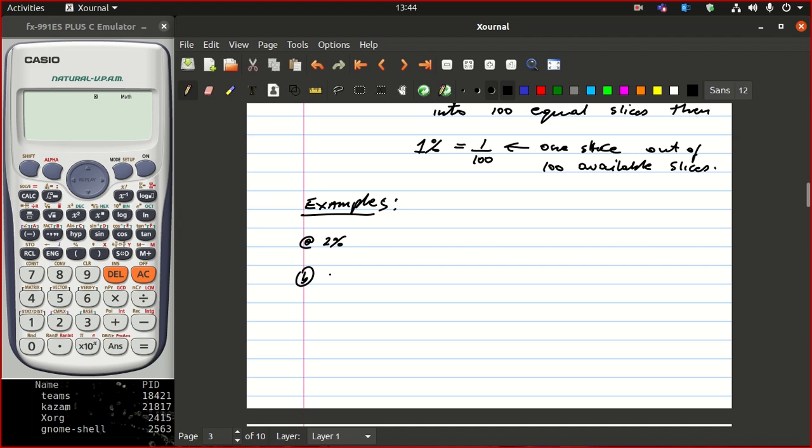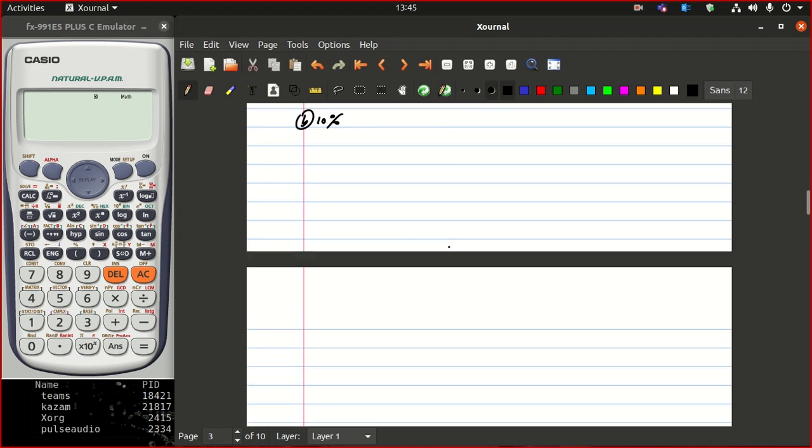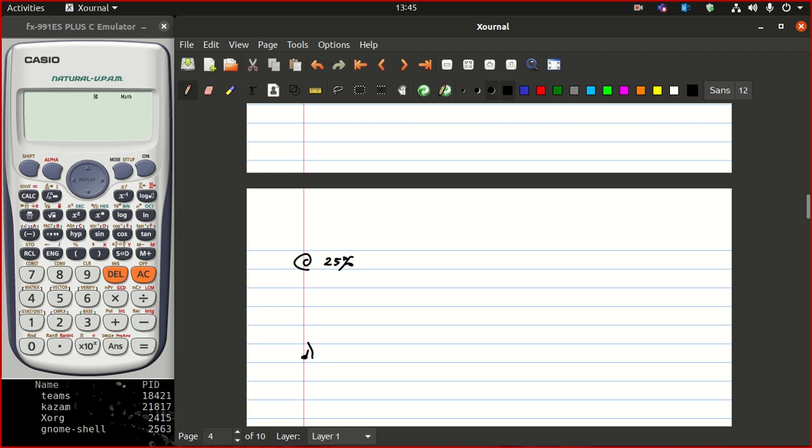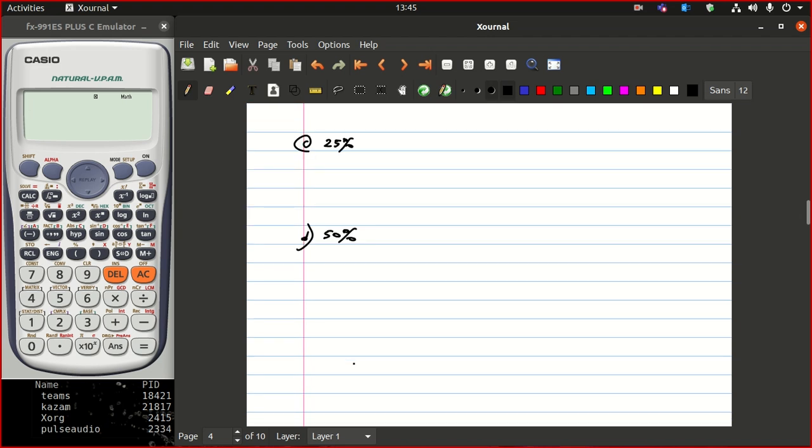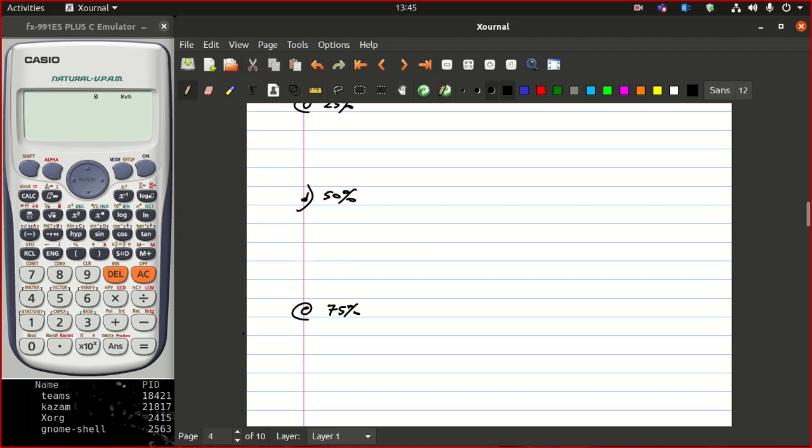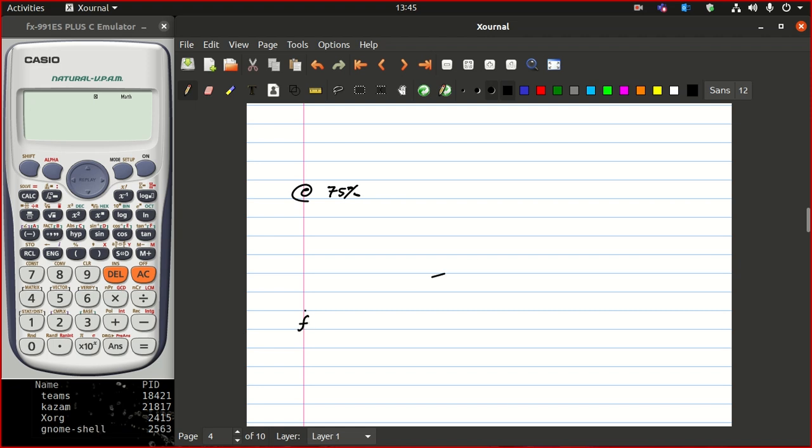B, what is going to be 10%? C, what is going to be 25%? D, what is going to be 50%? E, 75%. And lastly, F, what is going to be 100%?